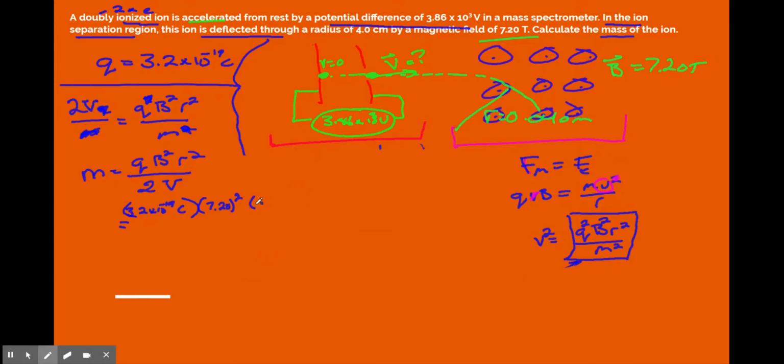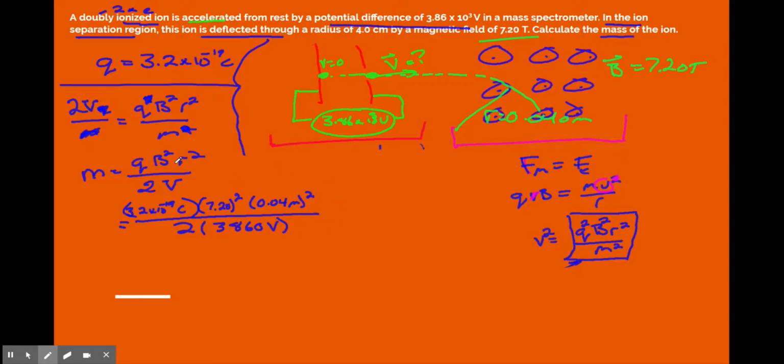Multiply this by the radius squared, which is 0.04 meters squared. And divide this whole business by 2 times the amount of voltage. I don't like that scientific notation. That's 3,860 in my books. So 3,860 volts.